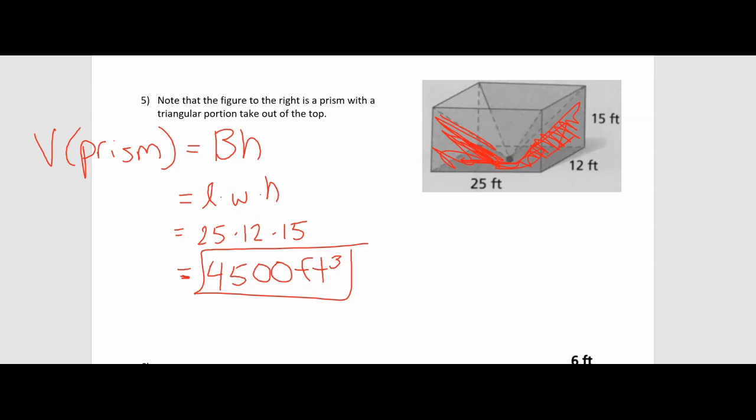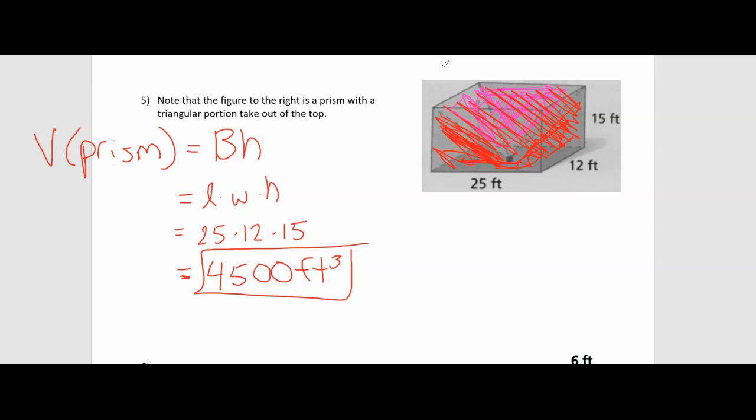Now we need to figure out the volume of this rectangular pyramid. So I'm subtracting the pink volume. That will give us the red volume. And maybe since I drew that in red, the red is the entire thing.